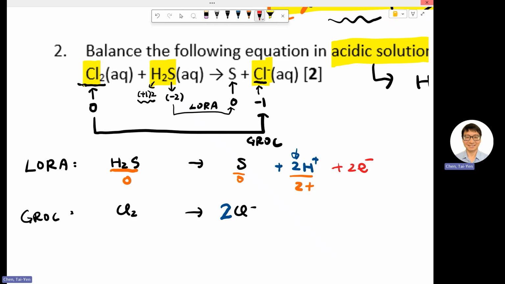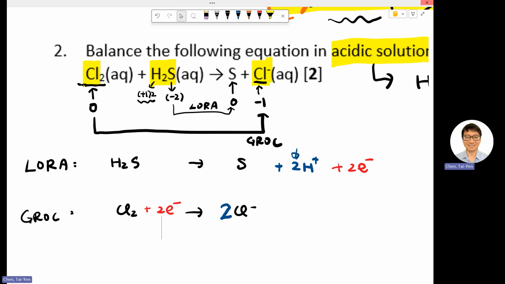Similarly for your G rock, this is 0, this is -2. Therefore, you need to add in 2 electrons to balance the charge. Okay, so after doing that, we balance all the charges, then we can move to the next step.